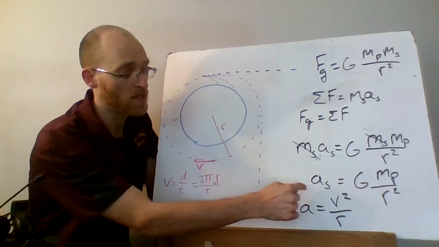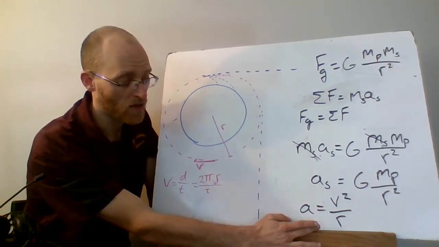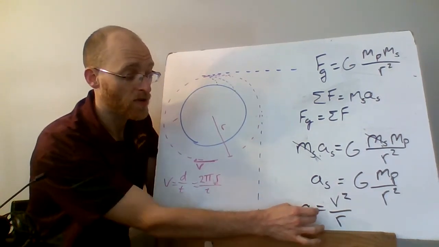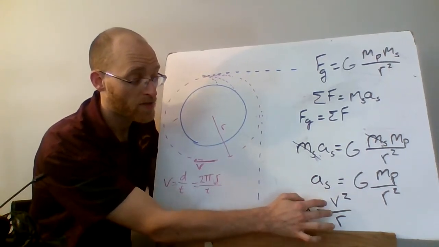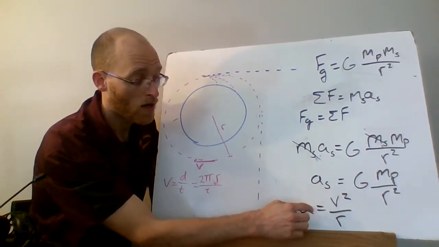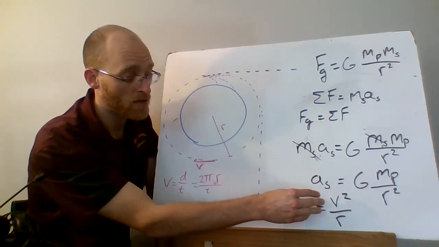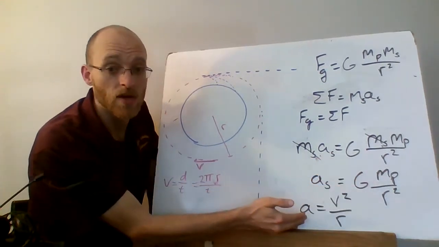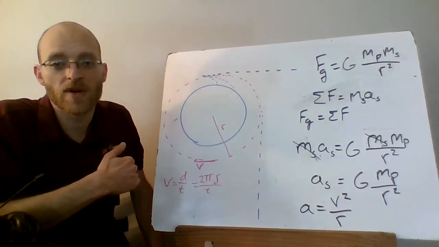Logically, if I go to the centripetal acceleration of that object, we know centripetal acceleration depends on the velocity and the radius. Since the acceleration doesn't depend on the mass of the object, then logically the velocity isn't going to end up depending on the mass of my object either.